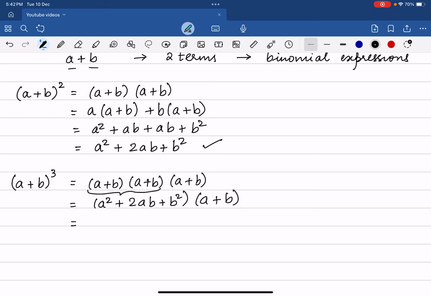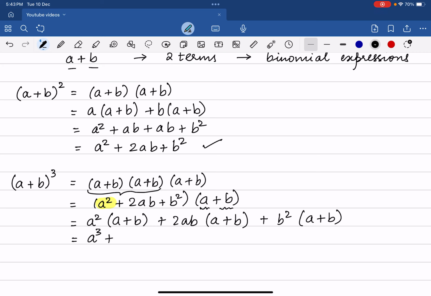Now what I am going to do is multiply out each term of bracket 1 with each term of bracket 2, which will look somewhat like this: plus 2ab times a plus b plus b squared times a plus b. This makes it a cube plus a square b plus 2a square b plus 2ab squared plus ab squared plus b cubed.